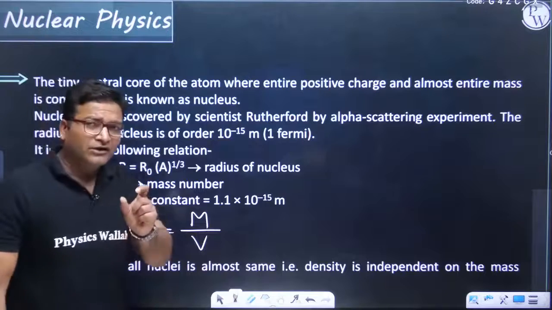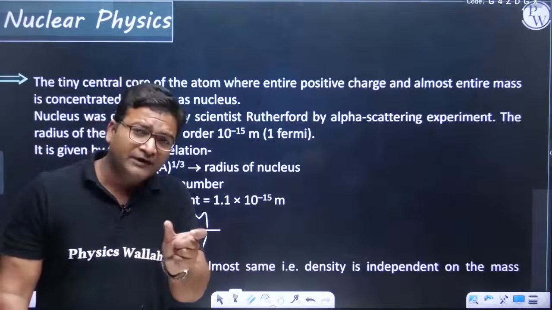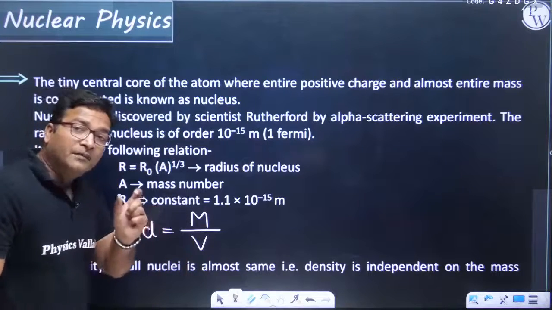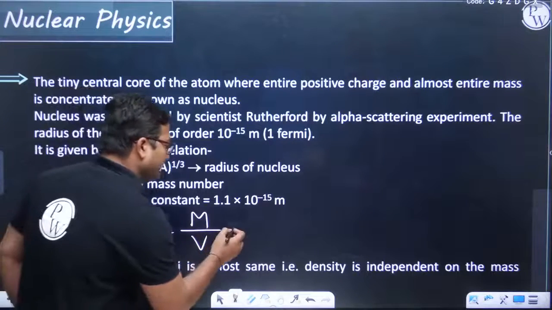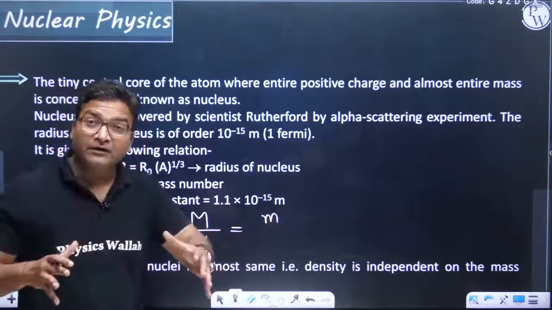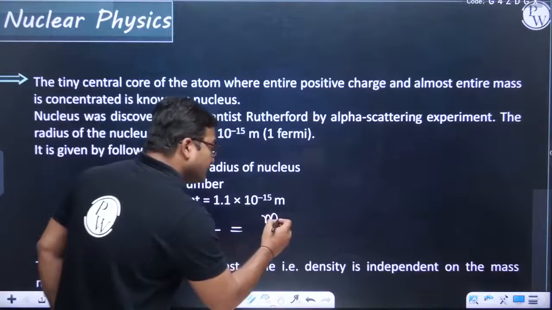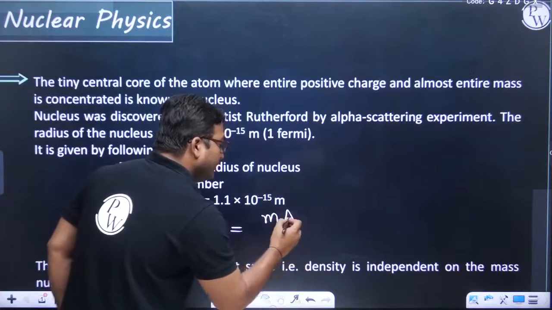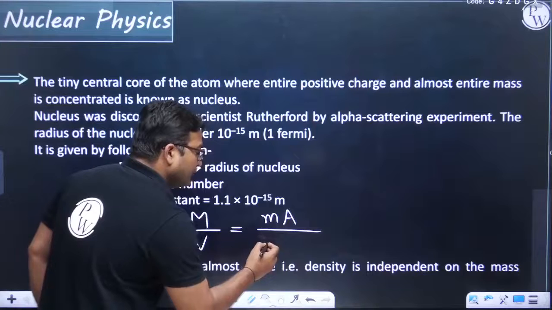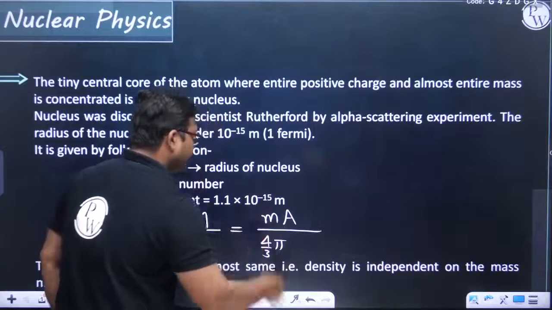As all the nucleons, the protons and neutrons, are almost equally heavy, let us say the mass of one nucleon is a small m, and there are a total of A nucleons, meaning the mass number is A. So the mass of the total nucleus would be mA, and the volume would be 4/3 pi r cube.